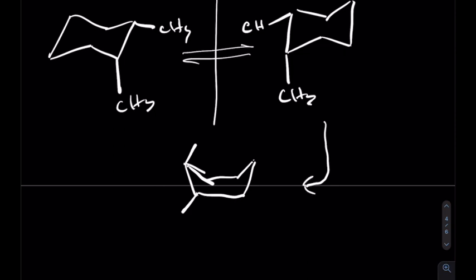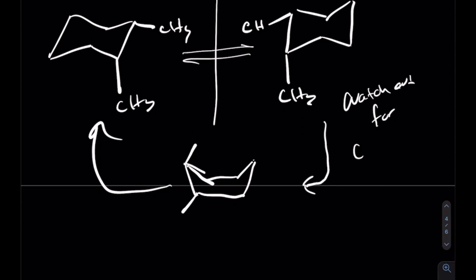And then it's going to end up in a configuration that brings it over here. All right, so watch out for, and we remember what this is called, a conformational isomer. All that is just two different conformations of the same molecule.